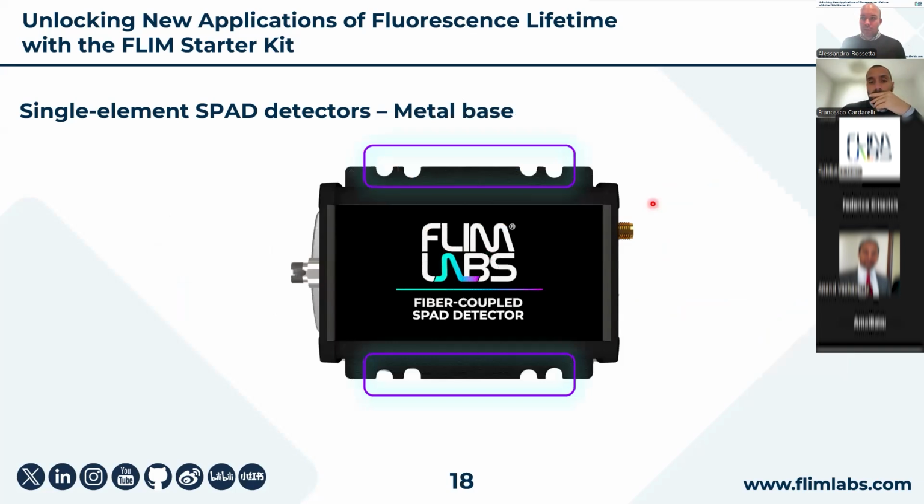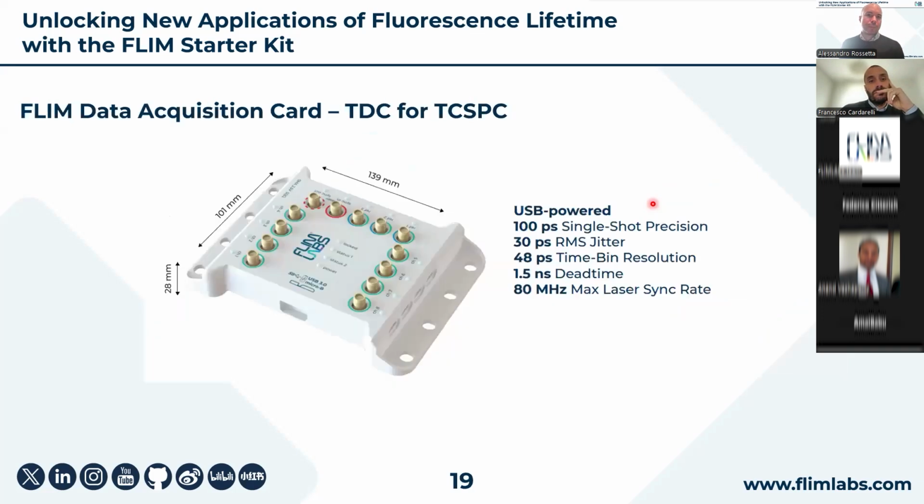When manufacturing the SPAD detector, we also thought of providing a flexible solution, so the metal base of the detector has holes that fit both metric and imperial optical tables.